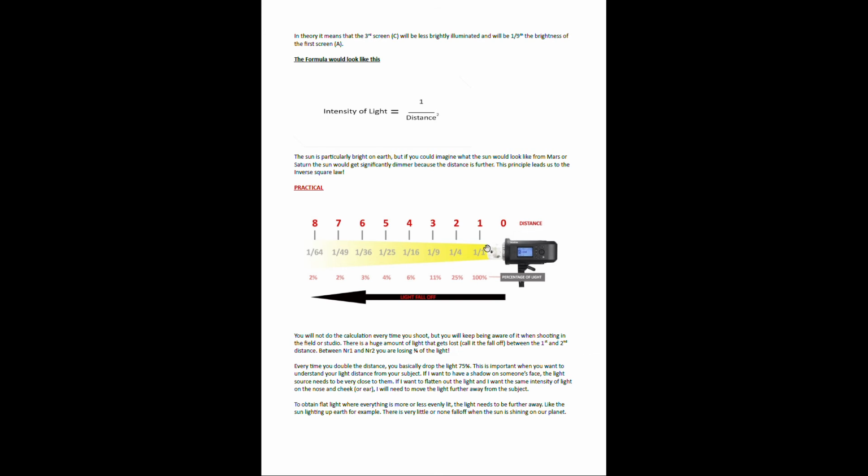Very powerful tool, very handy to use indeed if you want a little bit of soft light just to pop up your couple's faces, or if you want that more dramatic look with harder shadows, then your light will be a little bit closer.